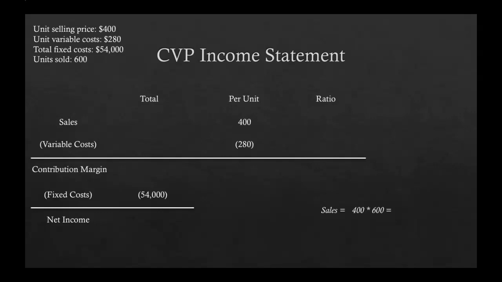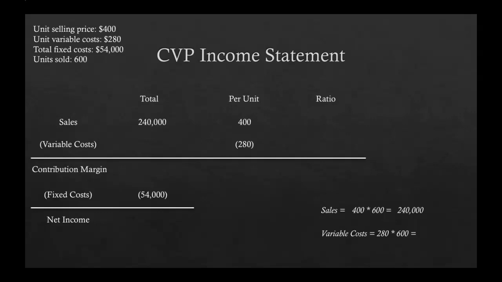So let's start by looking at our total sales. We're selling each unit for $400, and we sold a total of 600 units. So 400 times 600 will get us our sales amount, which ends up being $240,000.